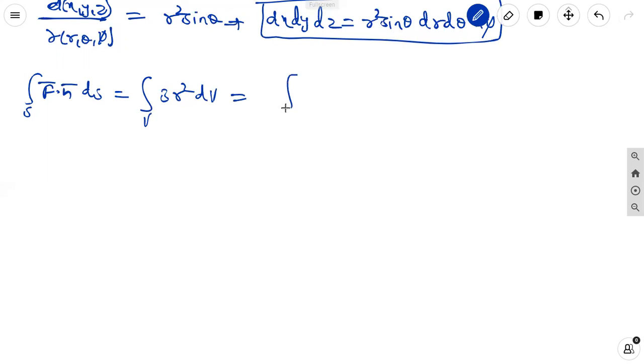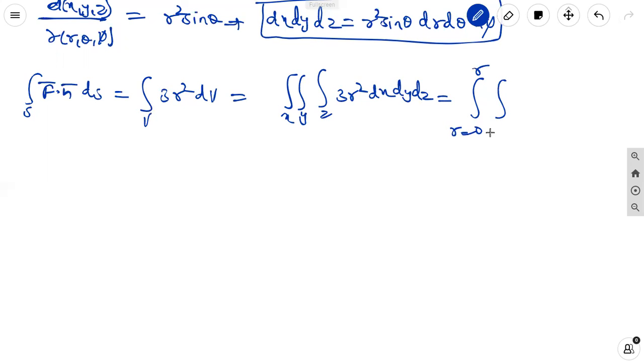It is equal to the integral over x, y, z of 3r square dx dy dz, equal to r limits from 0 to r, theta limits from 0 to pi, phi limits from 0 to 2 pi, 3r square, r square sine theta, dr d theta d phi.